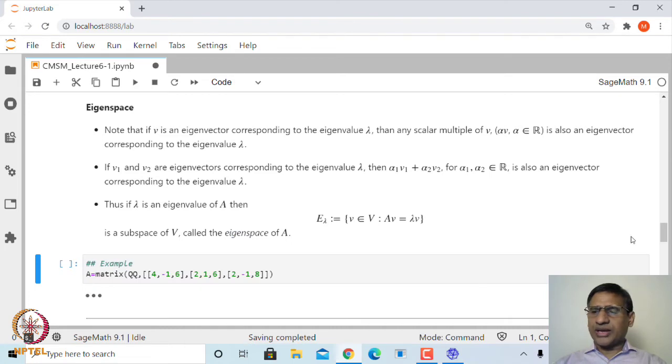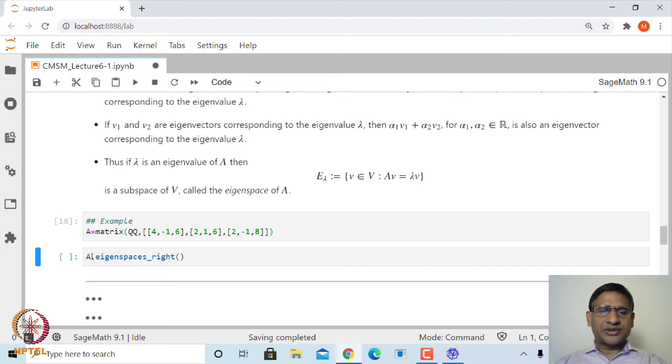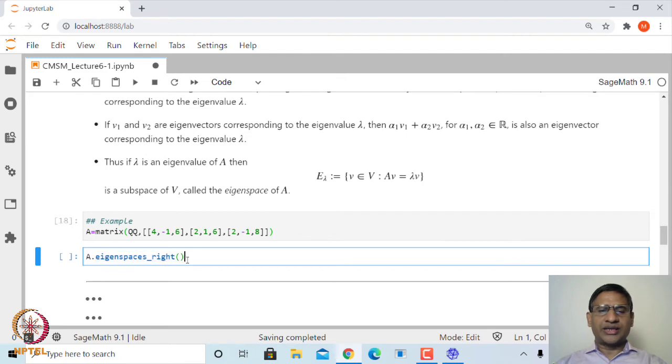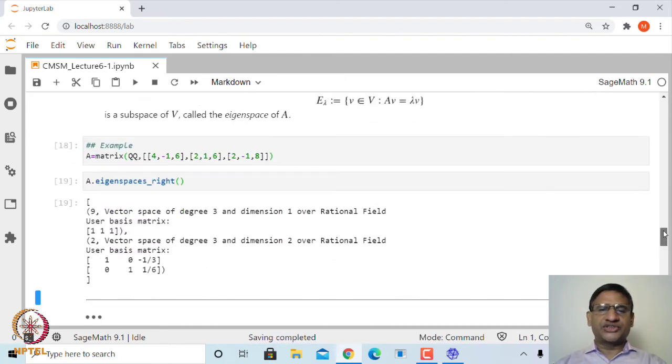So, let us look again at the same 3 by 3 example which we considered in the previous one. So, A is equal to this matrix. There is a function called eigenspaces underscore right, which will give you the eigenspace of A for each eigenvalue lambda. In this case we saw that there are two eigenvalues of A, 9 and 2. 9 appears with multiplicity 1, whereas 2 appears with multiplicity 2.